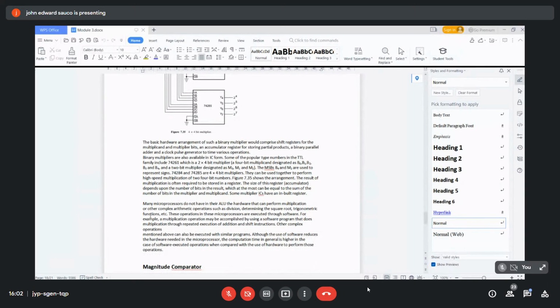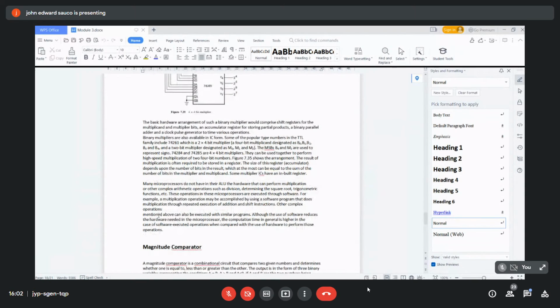Any microprocessor may not have in their ALU the hardware that can perform multiplication or other complex operations such as division, determining the square root, trigonometric functions. So, the operations in this microprocessor are executed through software.